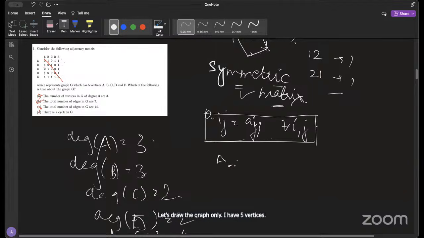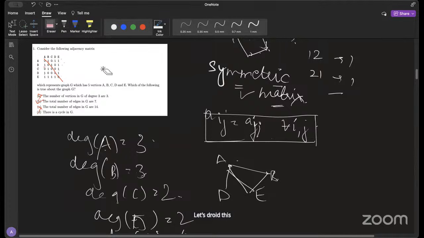A has an edge with B, with D, and with E. B to C, B to E. And then C has an edge to E. Okay, C to E is also there. Let's draw it this way then.